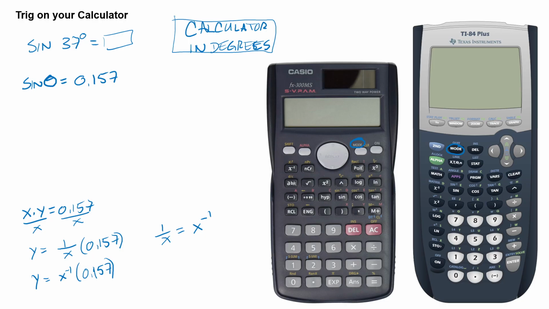Why am I giving you that? Well, what if you tried the same thing with sine theta equals 0.157? Couldn't you, in order to solve for theta, divide by sine? I know this doesn't make any sense, but just go with me for a second. Then sine would cancel out over here, just like the x would cancel out over here. And I get theta equals 0.157 over sine.